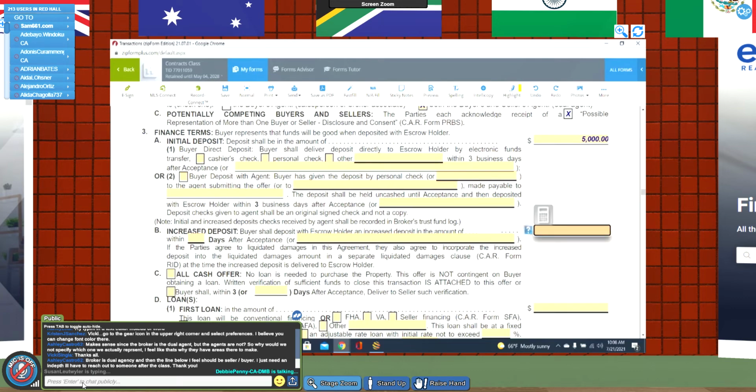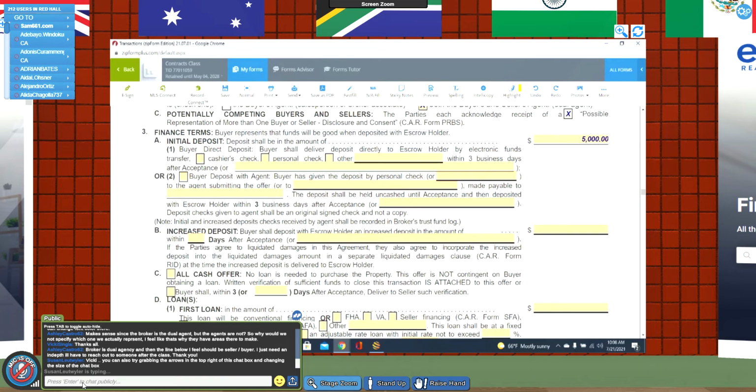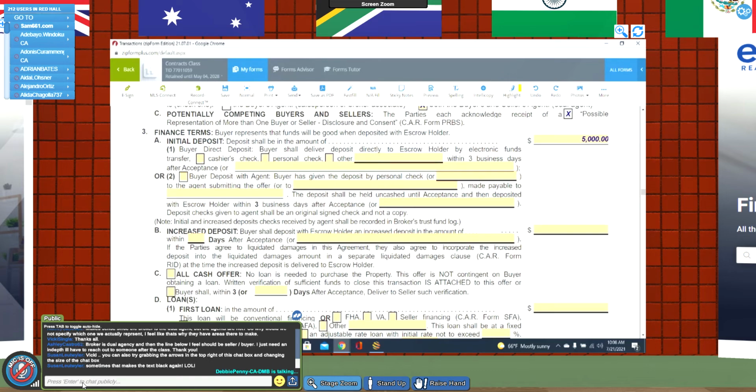We would add another $10,000. Now, we didn't write it up this way. They countered us, stating that, okay, we want a total 3%. We understand that you're not going to have the rest of the money for a bit, but in 14 days, you're to deposit another $10,000.